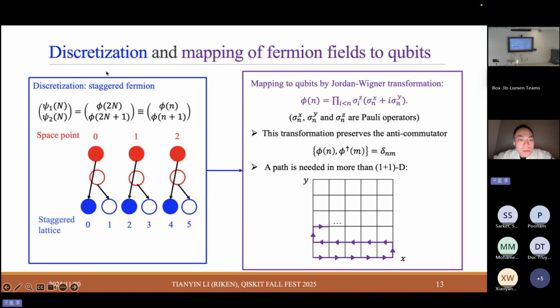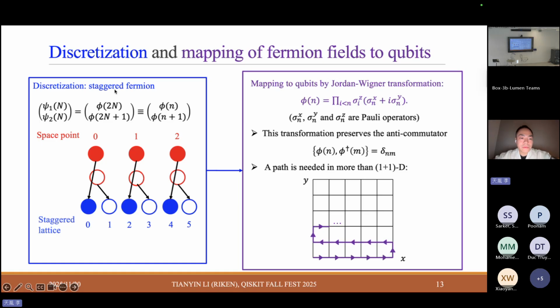And for the fermion field, we regularize the fermion fields by using the staggered fermion method. In the 1+1 dimensional case, the Dirac fermion has 2 components.